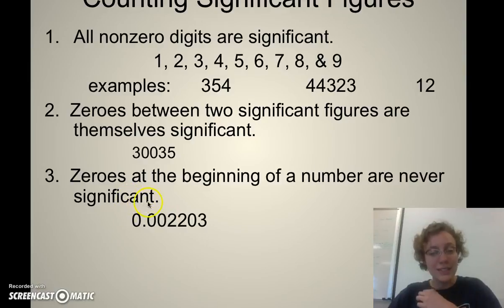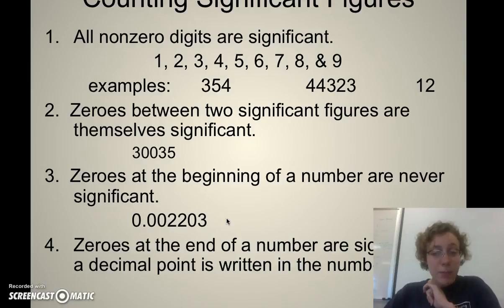It's probably the ones, tenths, and the hundredths place. So this 2 comes in the hundredths place. Now, at the beginning, they're not significant. If we were to count the significant digits in this number, we'd have the 2, the second 2, the sandwiched 0, and then the 3. So this should be 4 significant digits.